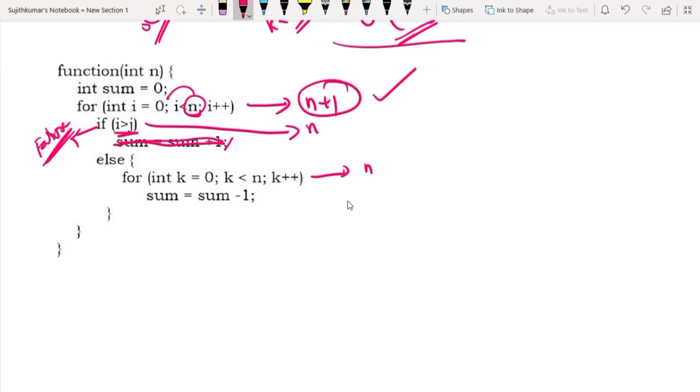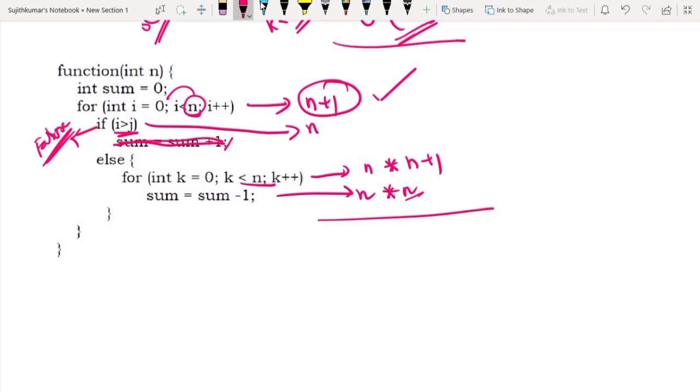Everything inside is n times. This loop will execute n plus 1 times, so everything inside the loop will execute n times. We have only one statement inside the loop, so that will execute for n times.